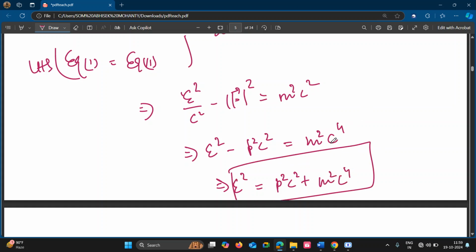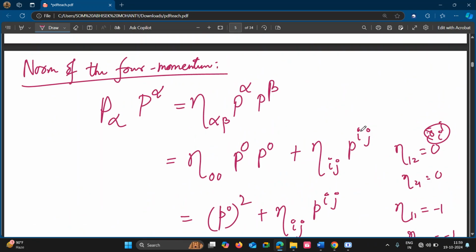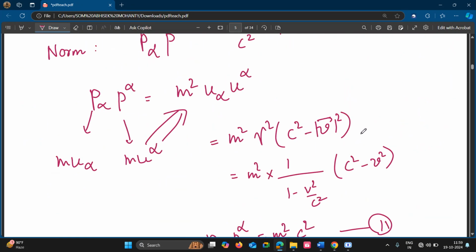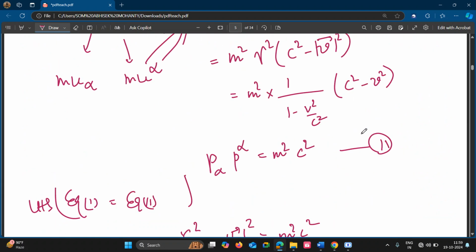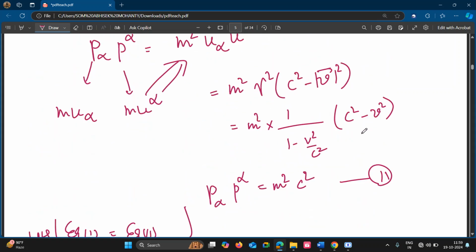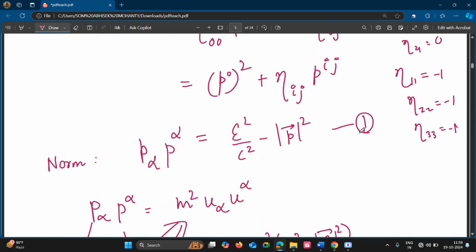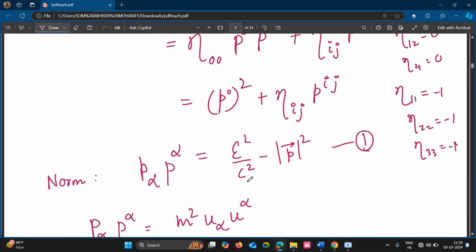So this is the origin. We have studied this so many times and done numericals, but this is where it comes from. You can see the direct proof of it. Suppose it is asked, prove that E square is equal to P square C square plus m square C fourth using four momentum. We will use the norm of the four momentum, P alpha P alpha, which gives E square by C square minus P square.